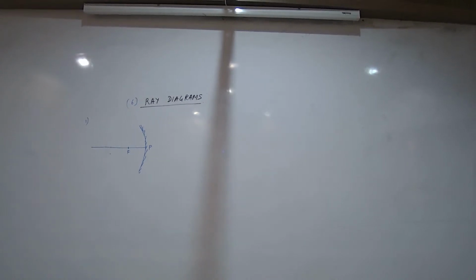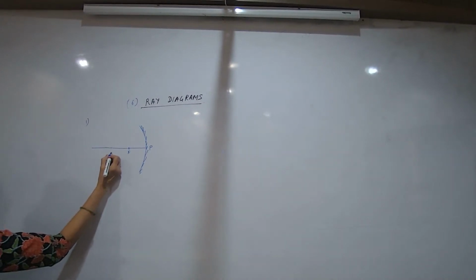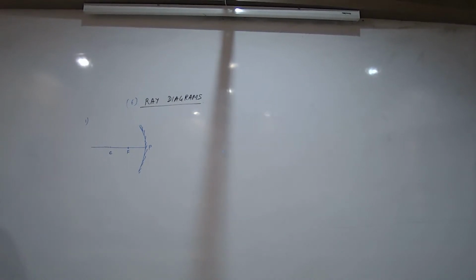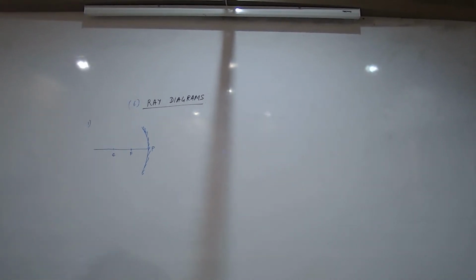Got it? So that's exactly what we are doing. We are considering different positions of the object, and we are trying to find out what type of images are formed. First one. See the first one.